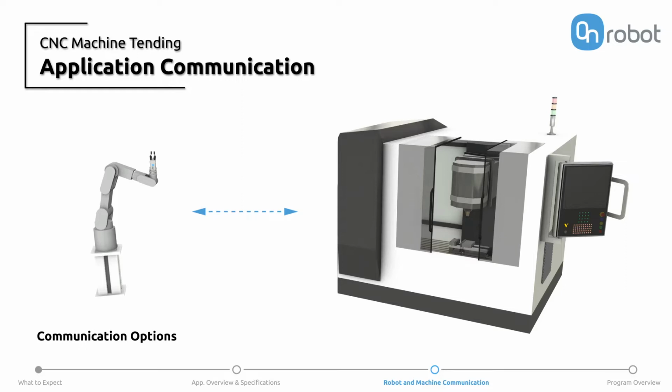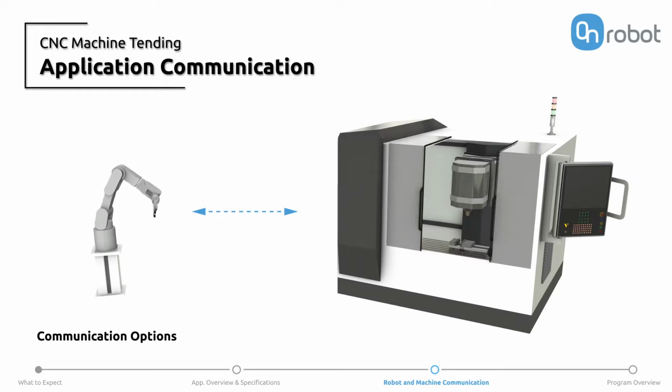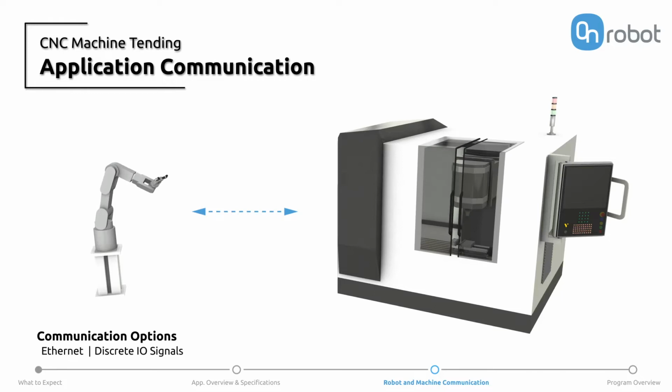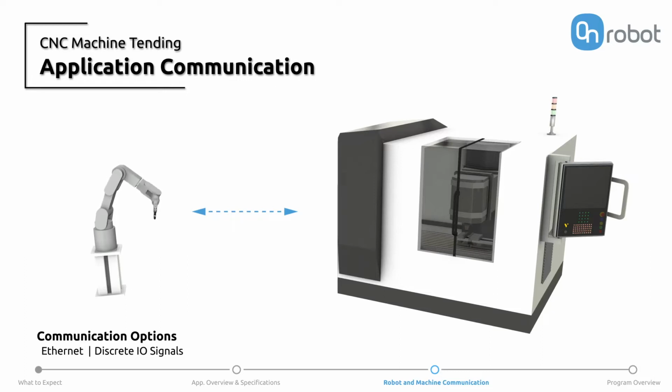There are two main ways of communicating a robot to a CNC machine, either by having an Ethernet-based communication such as Ethernet IP or Profinet, or by using discrete digital input and output signals. Selecting one over the other will depend on the features available on the robot and on the CNC machine.